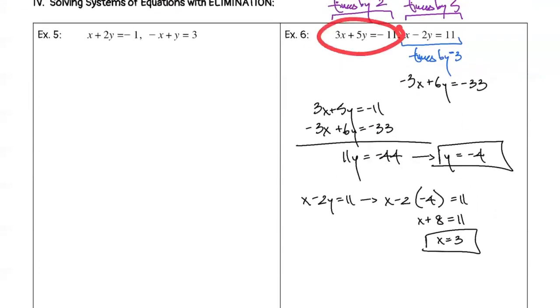And could you plug it into the first equation? Absolutely. Could you plug it into this equation? Absolutely. You have so many choices, which can be overwhelming sometimes, but it's okay to say, I'm going to choose the one that is the easiest for me to work with. Okay.